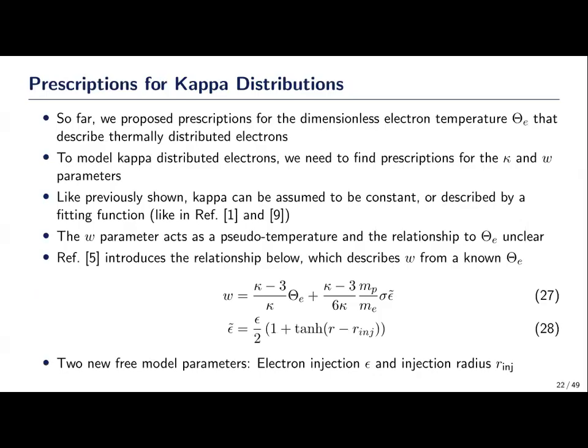It gets even more annoying, because so far we only have temperature prescriptions. And a temperature, we remember, is related to the mean squared velocity of the particles. But we know that astrophysical plasmas are not described that well by a Maxwell-Jüttner distribution, which is a function of temperature. Instead, we need some description for the w parameter and also the kappa parameter, not the spectral index.